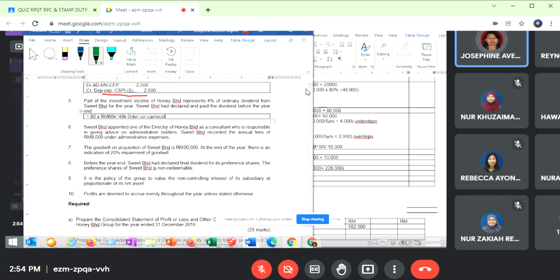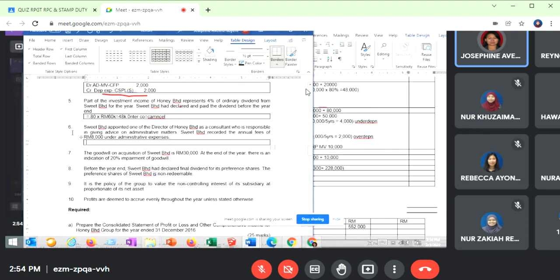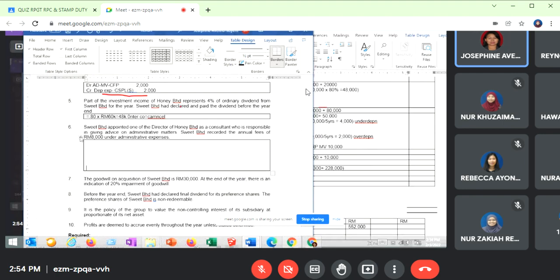Sweet appointed one of the directors of Honey as a consultant who is responsible in giving advice on administrative matters. And Sweet recorded the annual fee of 8,000 under administrative expenses. So in this case, you have one entity receiving an income, another entity incurring an expense.